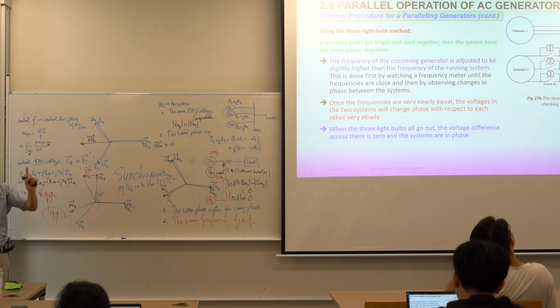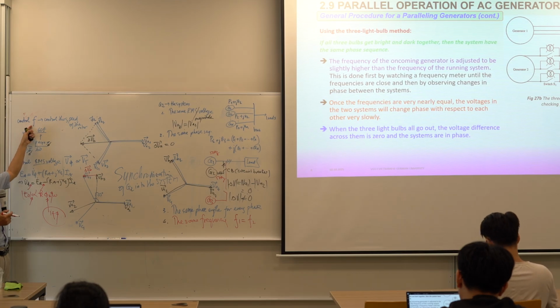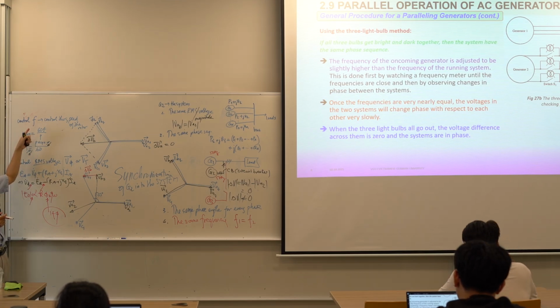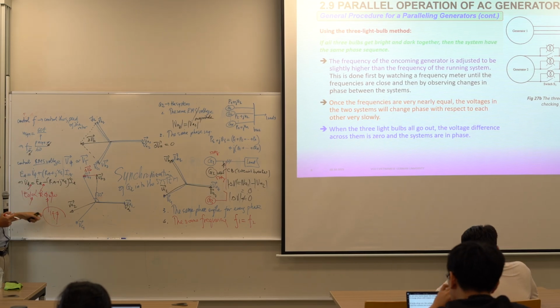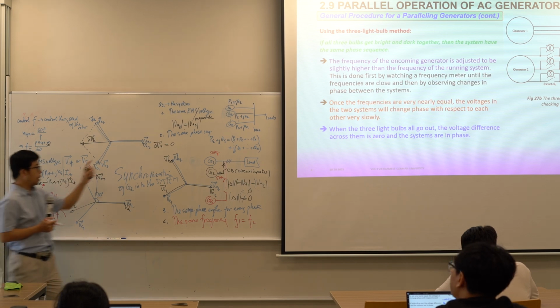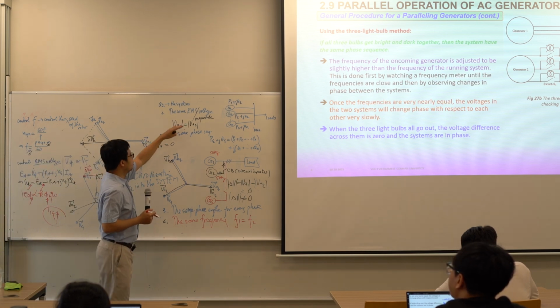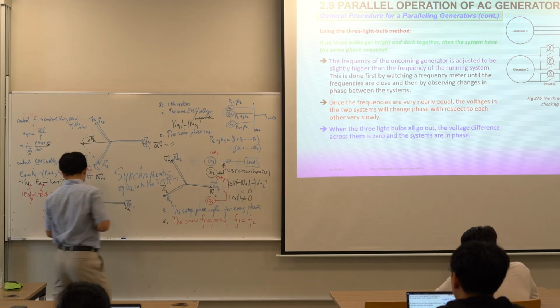Every time you must control only one parameter, not both. When we control the frequency, keep I_F constant. When we control the terminal voltage, keep the speed constant and control I_F. Is it clear? Then you can make sure we satisfy all four requirements.